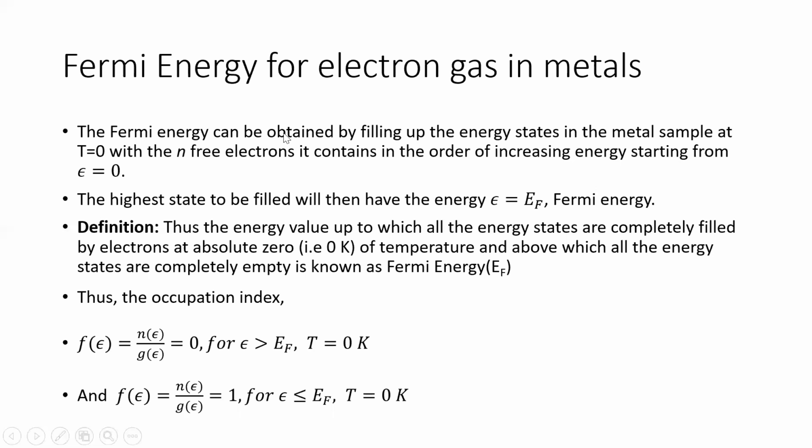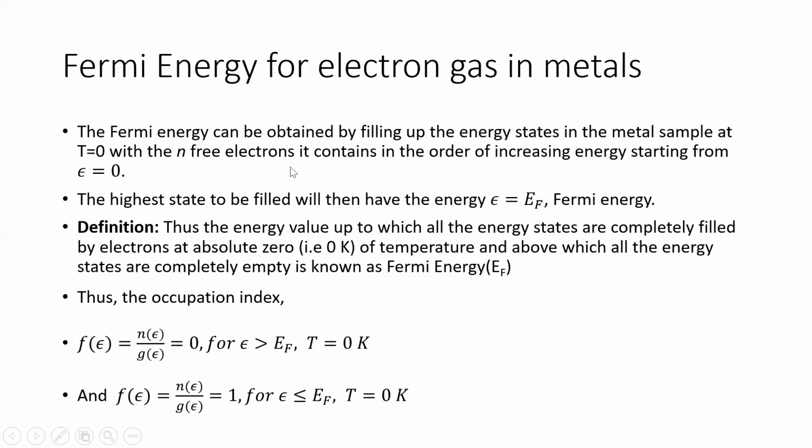But we know that the electrons are fermions, and because of that, only one electron can occupy one energy state. So because of Pauli's exclusion principle, the electrons will be forced to occupy higher energy states because not more than one electron exists in a single energy state.